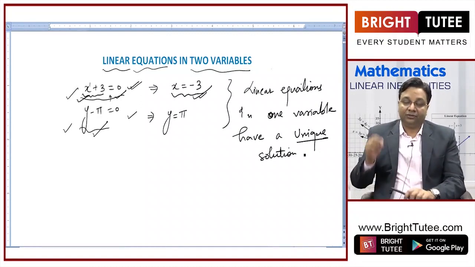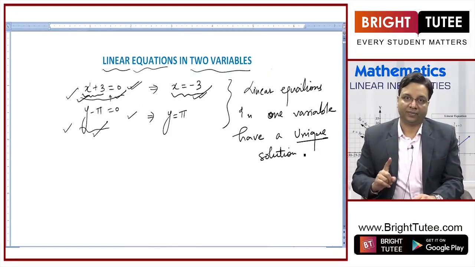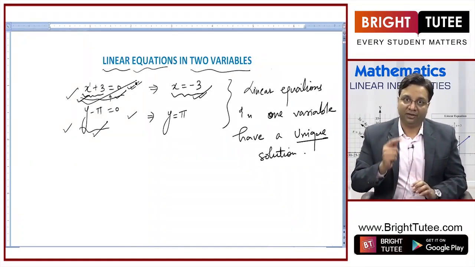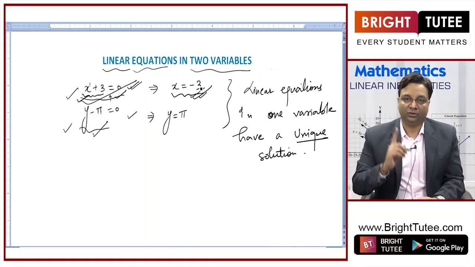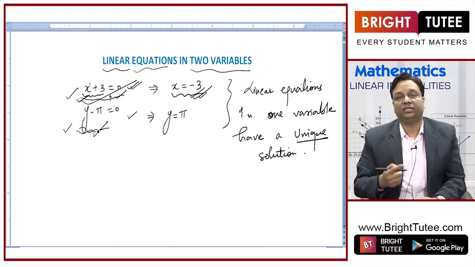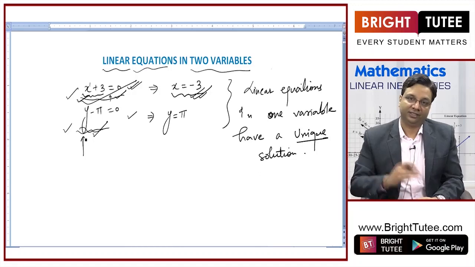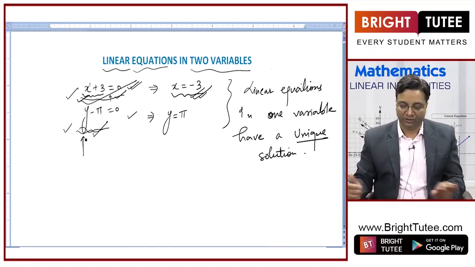That means if you have got a linear equation in one variable, you will get only one solution. For this equation there is a unique solution. There is one and only one solution, that is x is equal to -3. So there is only one root for this equation. For this equation there is only one root, that is pi. If you place y equal to pi here, left hand side will be equal to right hand side, and this is what we mean by solution of an equation.